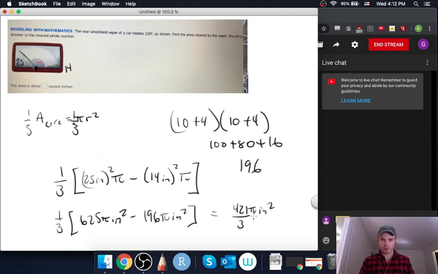So let me type this one in: 421 pi divided by 3. And we're to round to the nearest whole number. So this is approximately equal to 441 inches squared.